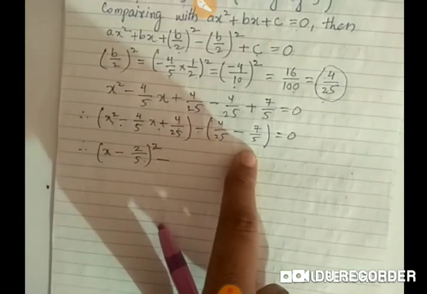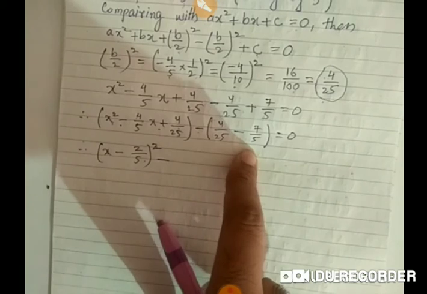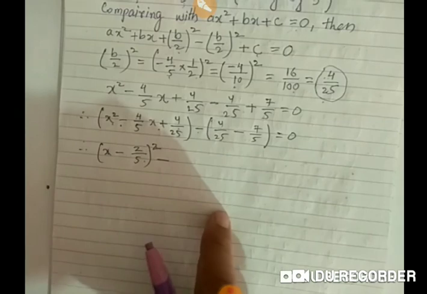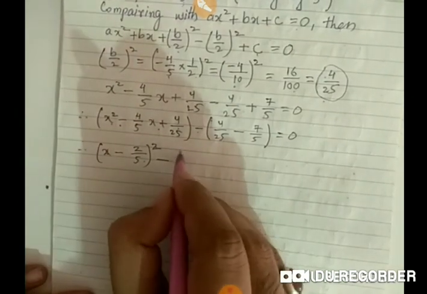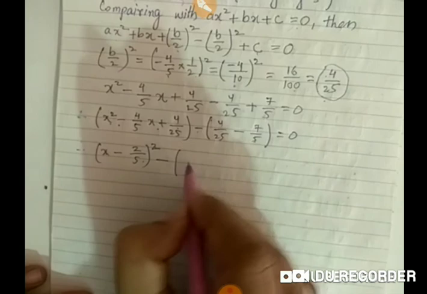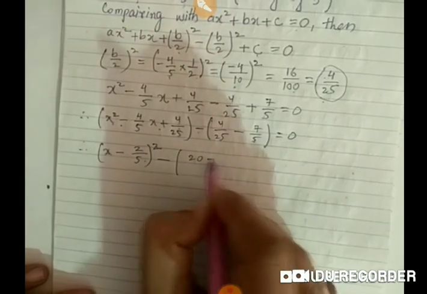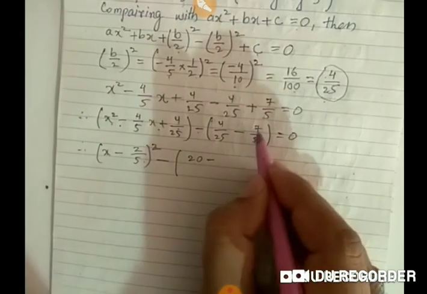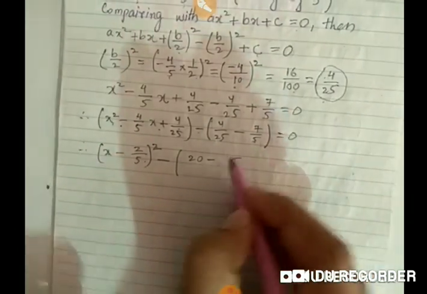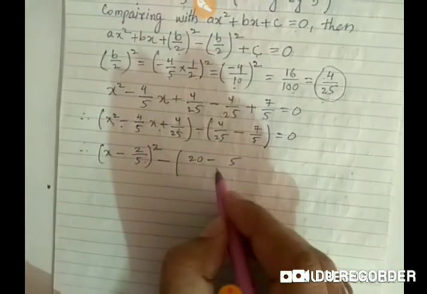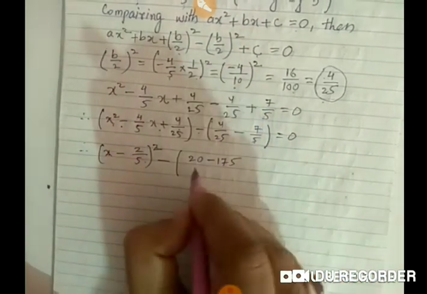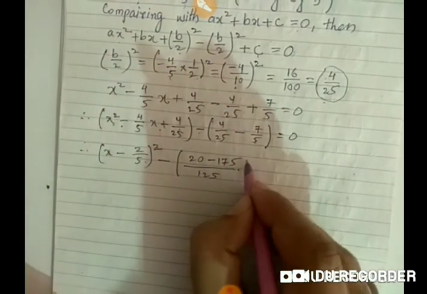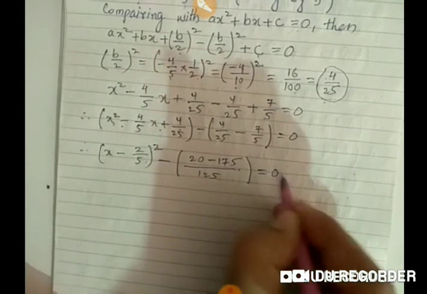So what you can do, you can simplify this part. When you simplify this, you will get 5 fours are 20 minus 25 sevens are 175 upon 25 fives are 125 equals to 0.